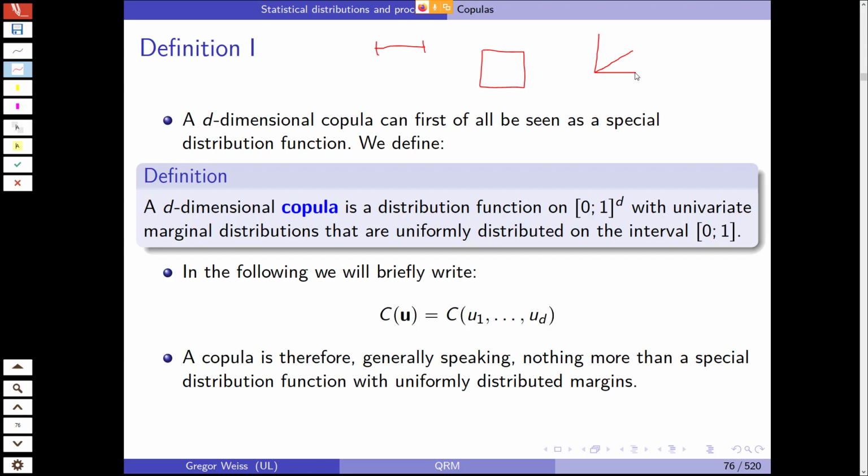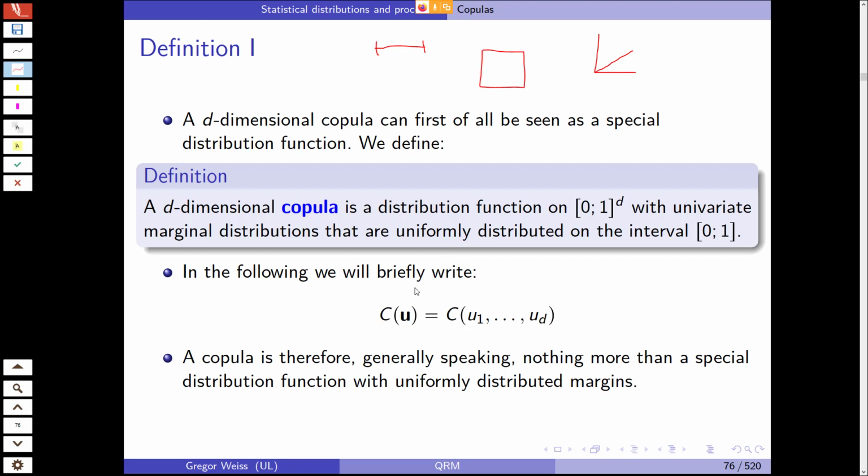And in more than 3 dimensions, it would be the unit hypercube, the d-dimensional unit hypercube. And a distribution on the unit hypercube with univariate, uniformly distributed marginal distributions on the interval 0 to 1, any distribution that fulfills this requirement is a copula.